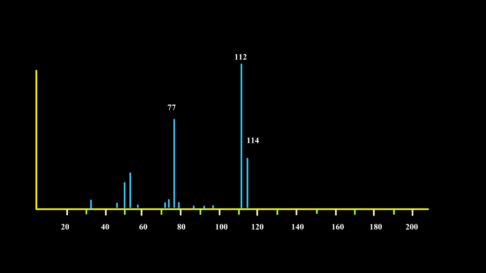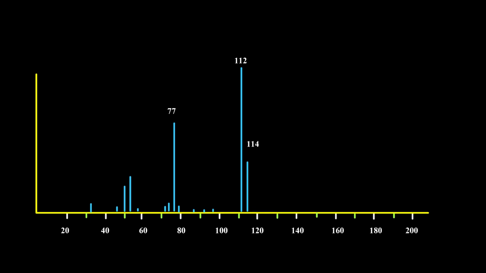Here is another example, but in this example we don't have that pattern. This example belongs to chlorine. Chlorine also has two major isotopes in nature, chlorine 35 and chlorine 37. But chlorine 35 is around 75% and chlorine 37 is around 25%.